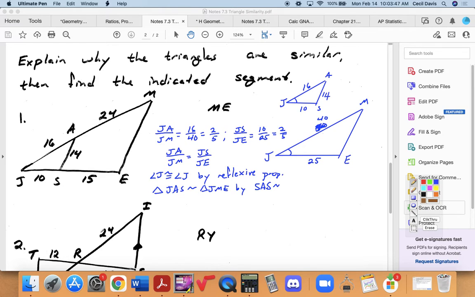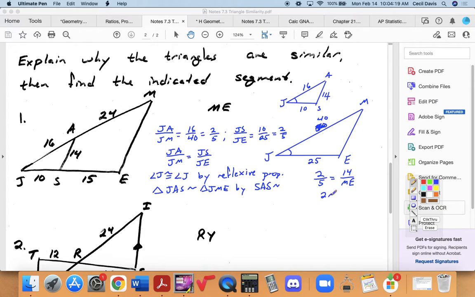And now we're ready to find ME. Well, we already know that the ratio from little triangle to big triangle is 2 to 5. So what side matches up with ME in the other triangle? AS, which is 14. Well, let's see.